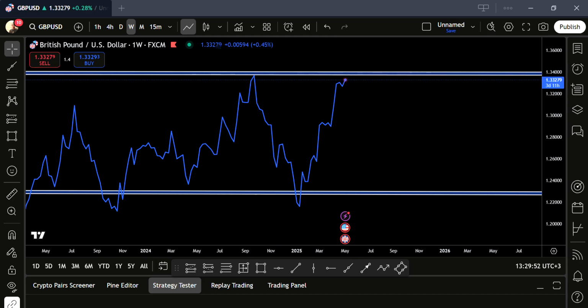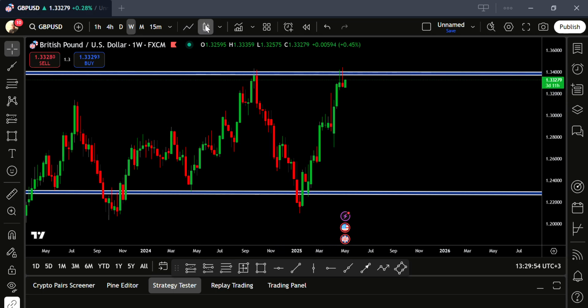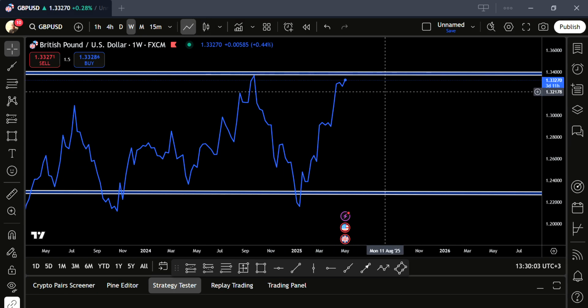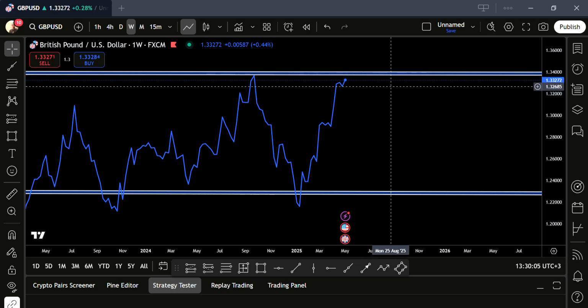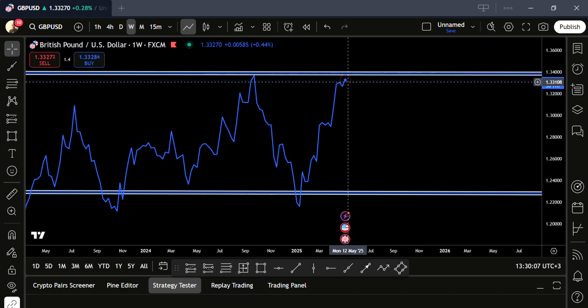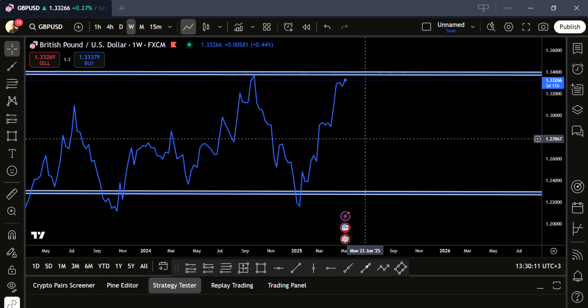If you use the monthly rejection and the weekly storyline, that means we shall wait for this low here to be taken out by a candle, and then wait for a retracement before we can take price down.